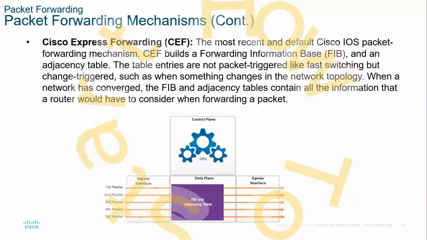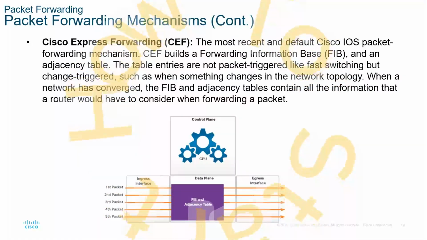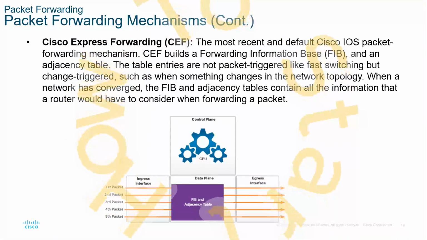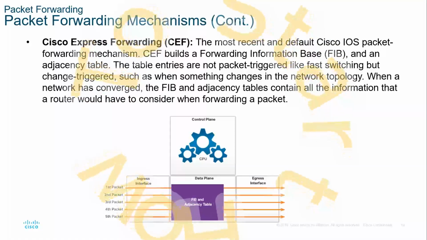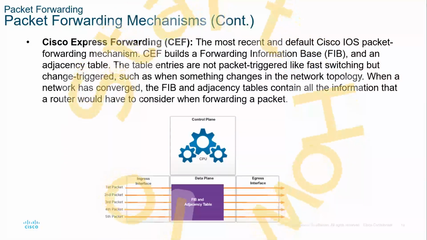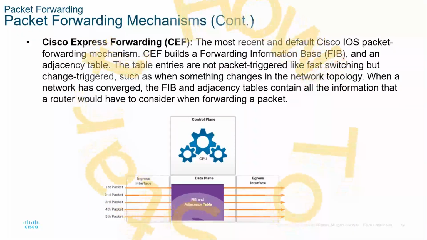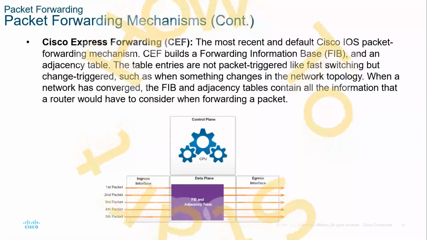Well, all of that was kind of changed with Cisco Express Forwarding, CEF. This is the most recent and is currently the default IOS packet forwarding mechanism for Cisco devices. CEF will build a forwarding information base, a FIB, and an adjacency table.